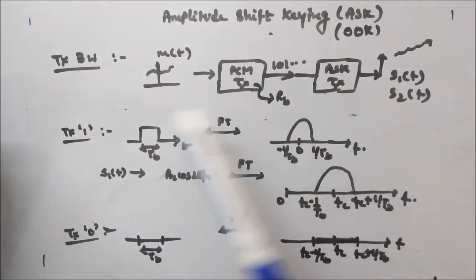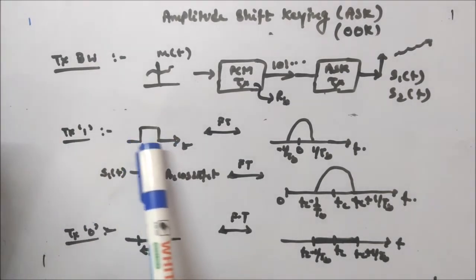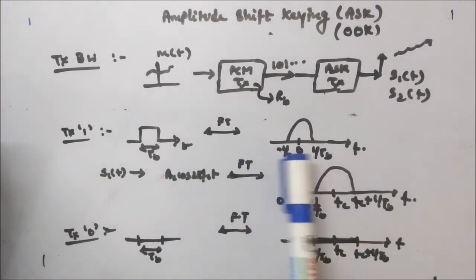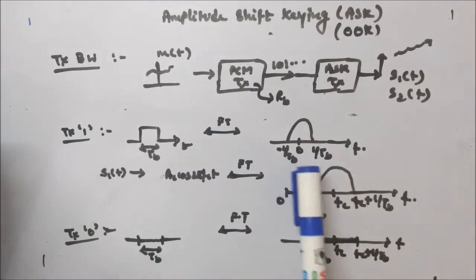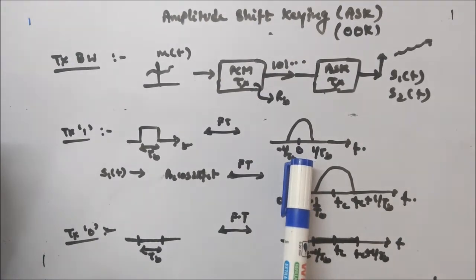What we are going to see is the bandwidth of this signal that you have transmitted. If you transmit 1, you are transmitting this signal. The Fourier transform of this signal is like this: at 0, 1 by TB, minus 1 by TB. This is a rect signal, this is a sinc signal.